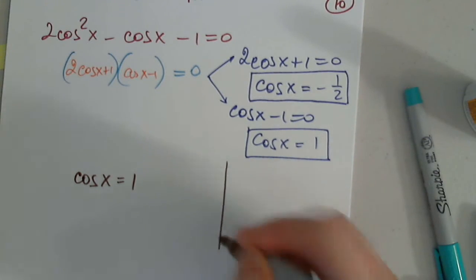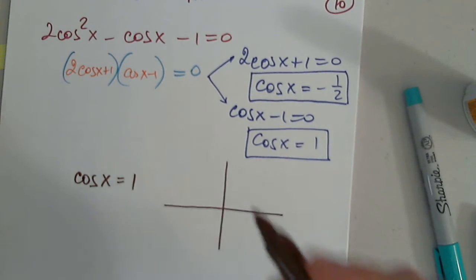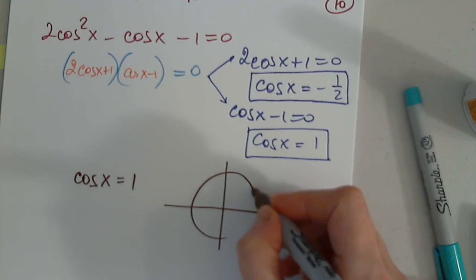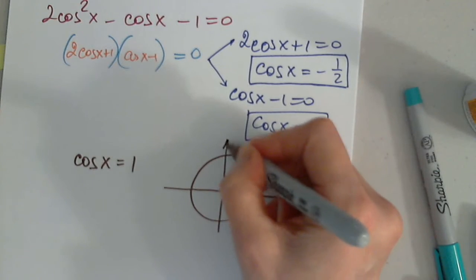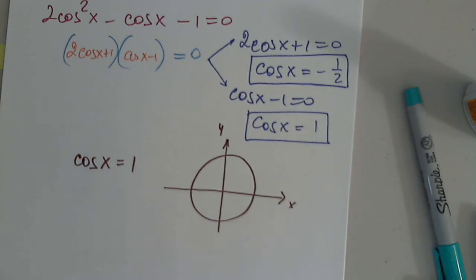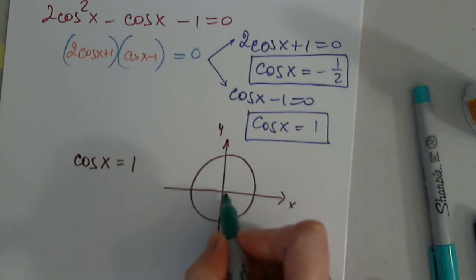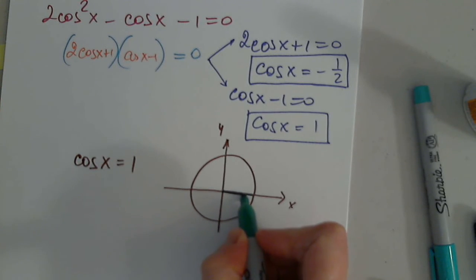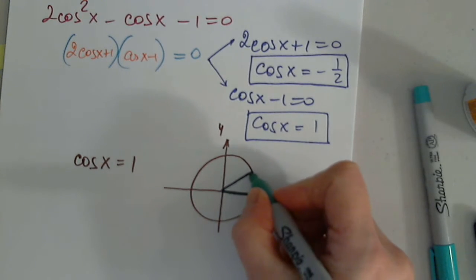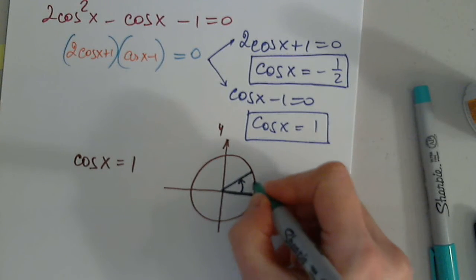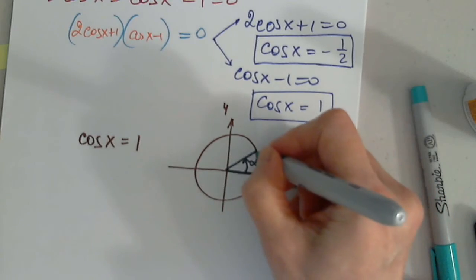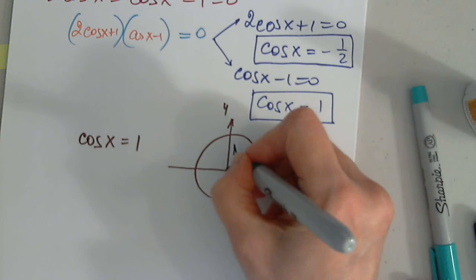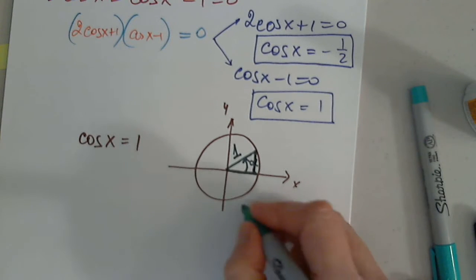So let's look at the unit circle. And here is an angle, a central angle. Here it is. I'm going to call it alpha. I'm going to create a right triangle. I know that the hypotenuse is 1 because it's a unit circle.